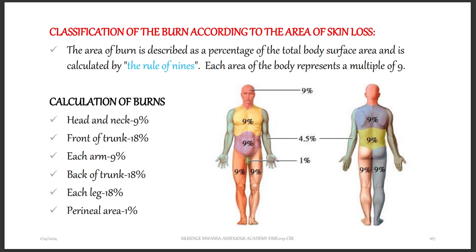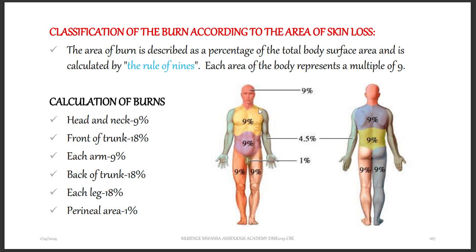Each area of the body is going to represent a multiple of 9. For example, the front of the trunk, you have 9 on the thoracic region on top there, and then 9 on the abdominal region.